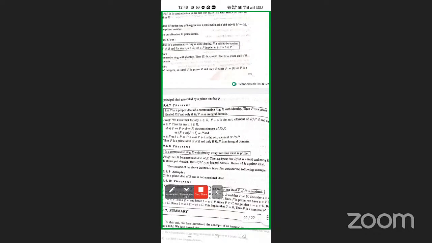So here we are using the prime ideal definition. P is a prime ideal if and only if R by P is an integral domain. The prime ideal definition is nothing but: ab belongs to P, then either a belongs to P or b belongs to P. So we know that every a belongs to R. In R by P, each and every element is of the form P plus a.